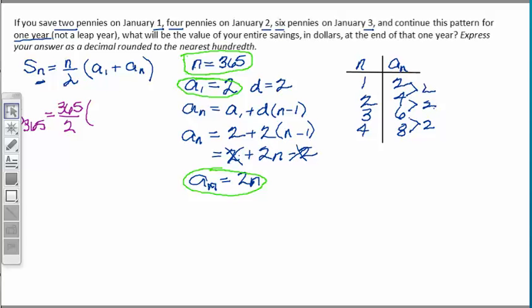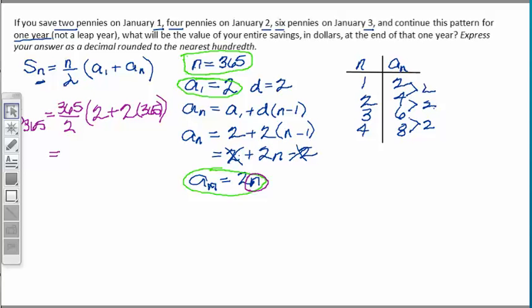My A sub 1 is going to be 2 plus my A sub n, which is 2n. But now remember, I've got this n, so I'm going to substitute that with 365. I'm going to bring that 365 down.